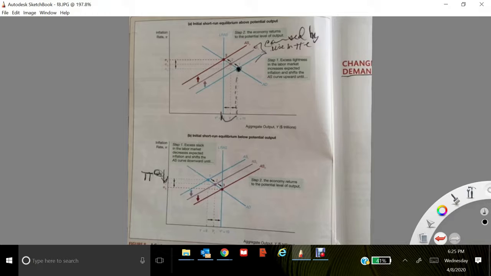If we were at this point, greater than full potential output, we would have tightness in the labor market. That would cause expected inflation to increase.